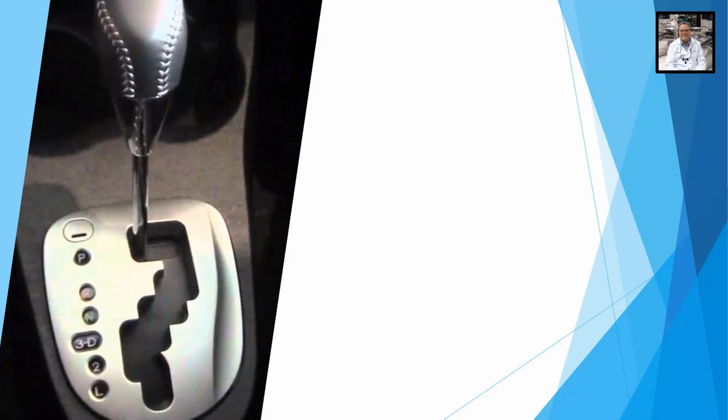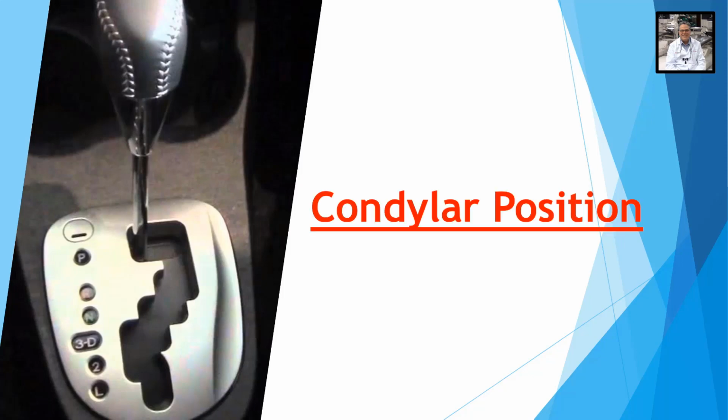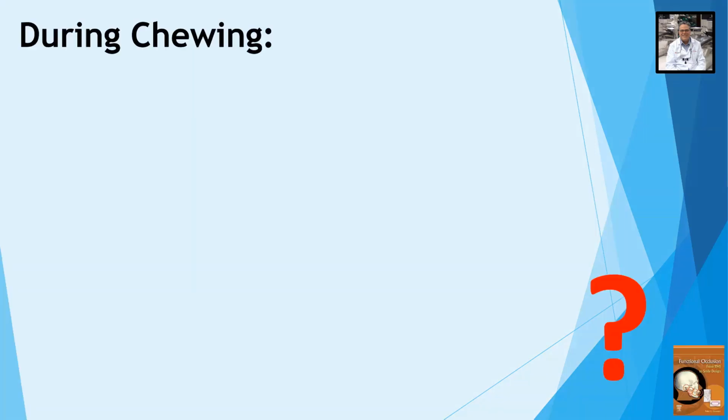So we're going to shift gears for a second, from looking at the healthy physiology of the lateral pterygoid in the TMJ, to speaking of condylar position, particularly with reference to what Dr. Dawson was talking about in the inverted tripod concept: what is that condylar position and where is that critical stopping point.